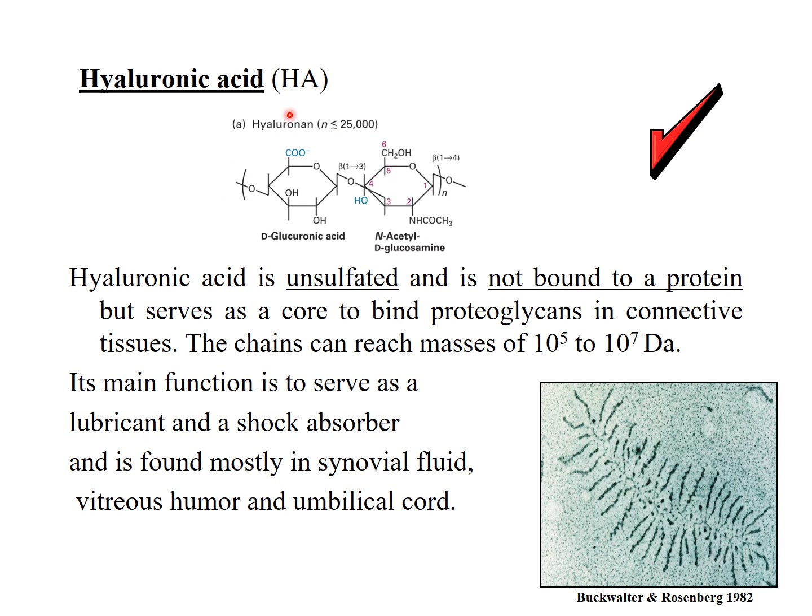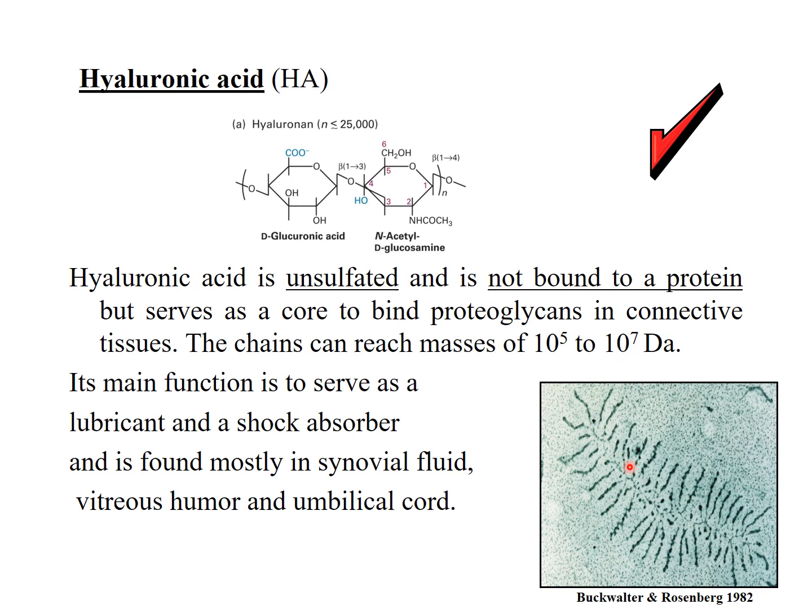So hyaluronic acid: repeating disaccharide, unsulfated and not bound to protein. What hyaluronic acid does is that it's an extremely long repeating disaccharide polysaccharide, 10 to the 5th to 10 to the 7th Dalton, a very long chain.